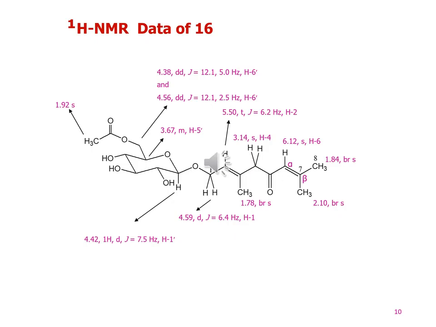An oxymethylene group at δ 4.59, that is 2 protons, shows a doublet, J value 6.4 Hz, at proton 1.